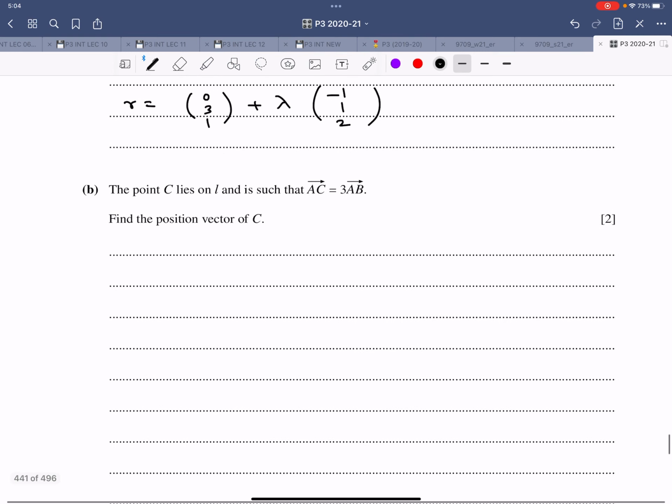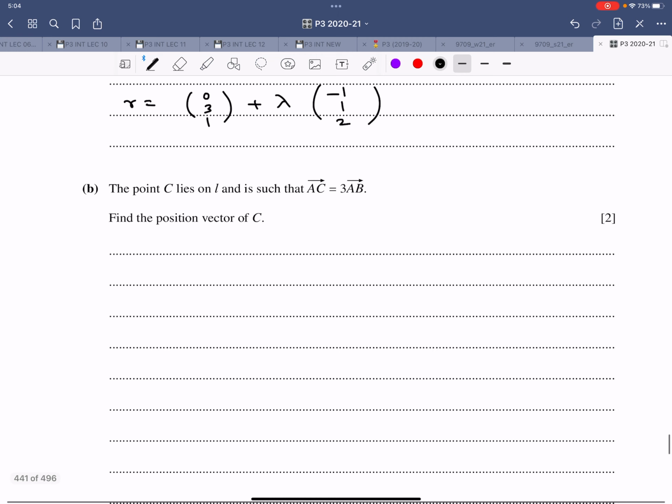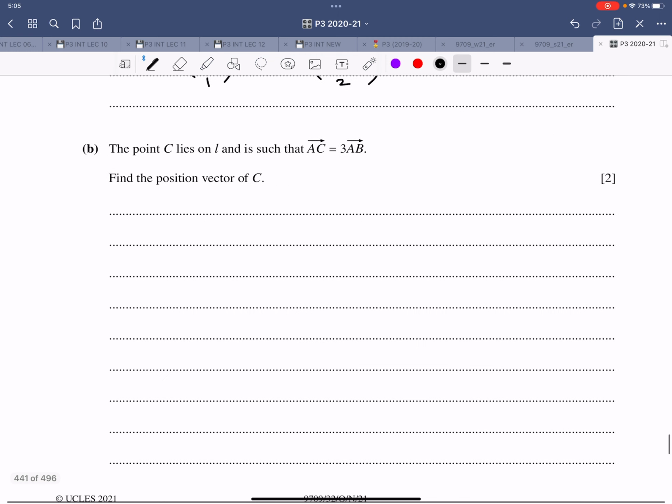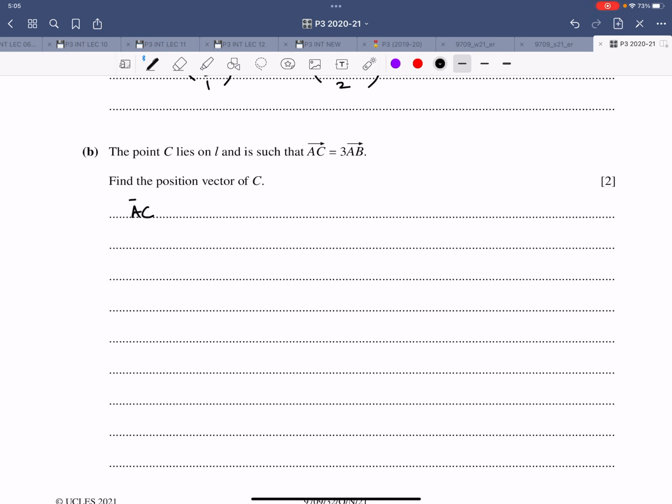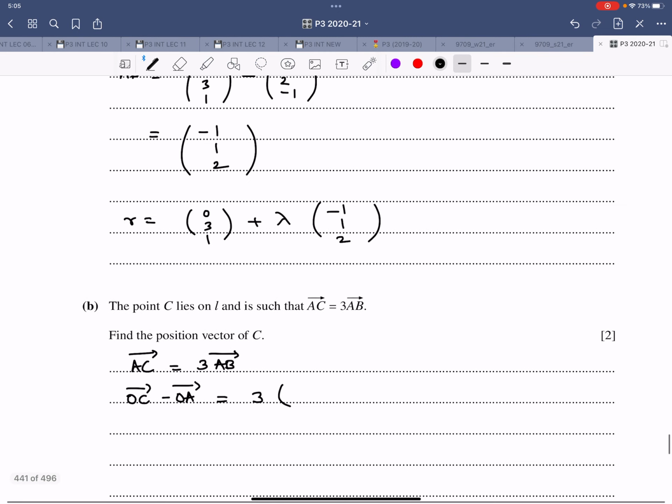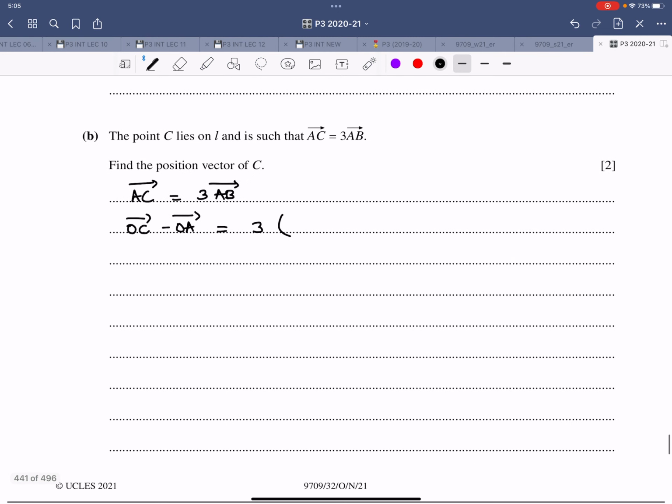The point C lies on L and is such that AC is 3AB. Find the position vector of C. So AC is 3 times AB, that's the first thing. And AC is OC minus OA. This looks like basic O-level math stuff. AB, coincidentally, I just found, which is (minus 1, 1, 2). Multiplying by 3 gives (minus 3, 3, 6).